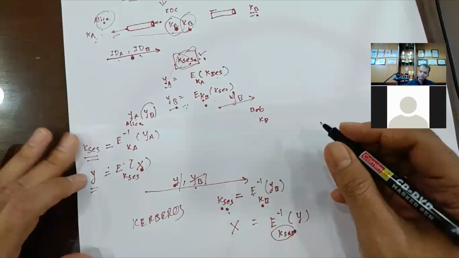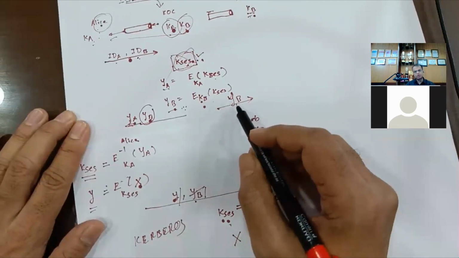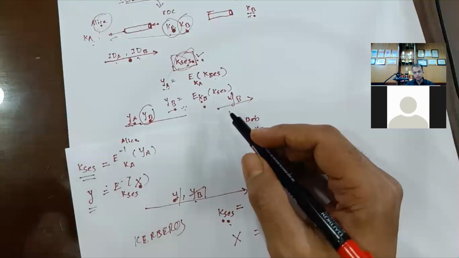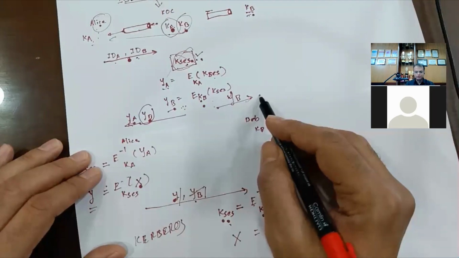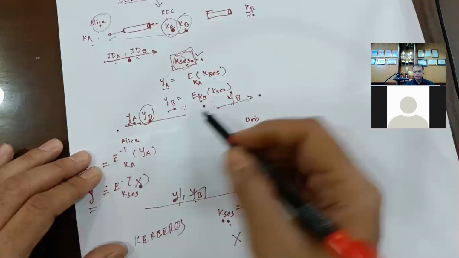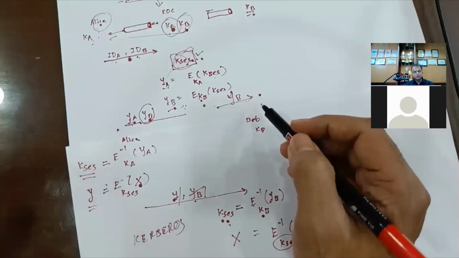Okay, there are a couple of points. This can be one of the protocols, where you send YB to Bob and YA to Alice. This way, Bob will come to know that someone wants to communicate with him. He has to be in listening mode.